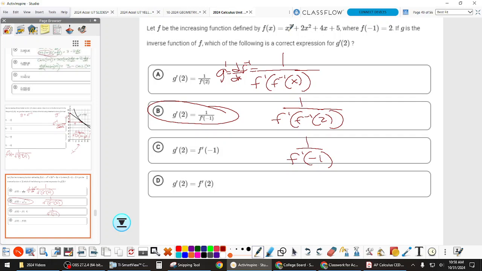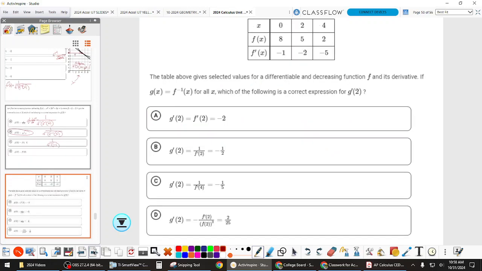Plug negative 1 into f prime. Yep, because f inverse of 2 is negative 1. Then that goes in. These are kind of weird, huh? Negative 1 is 3. Yeah. Okay. Right.